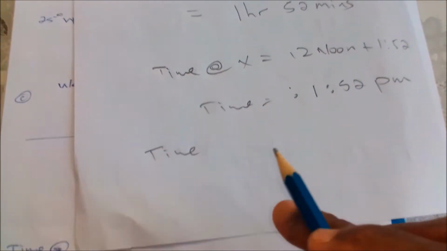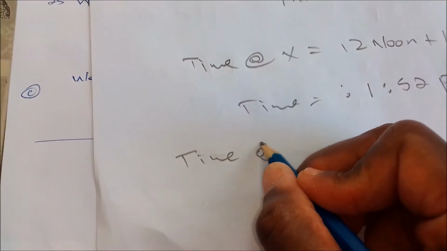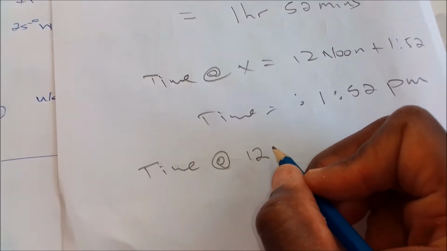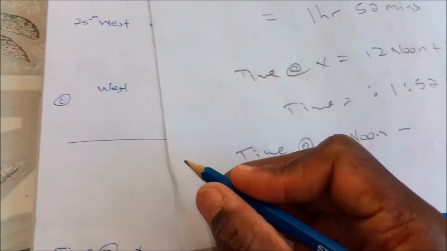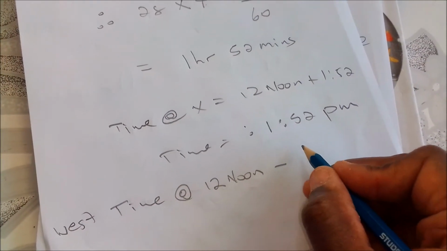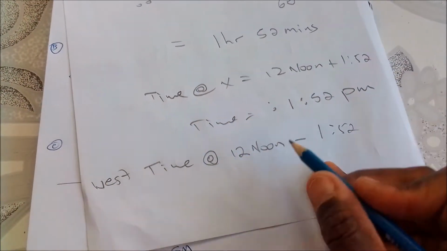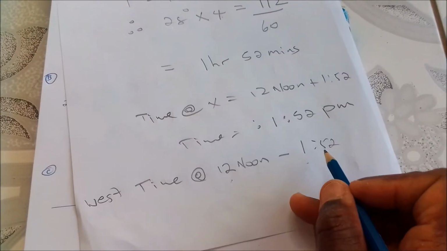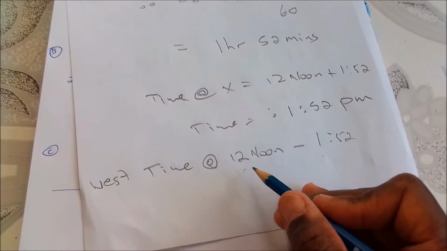It would be 12 noon, minus, and this is if I'm moving west, 12 noon minus 1 hour and 52 minutes, and that would be 1 hour from 12 gives you 11, and 52 minutes from 11 gives you 10:08 a.m.